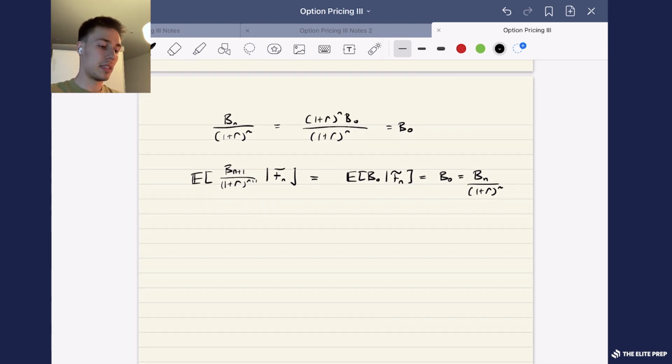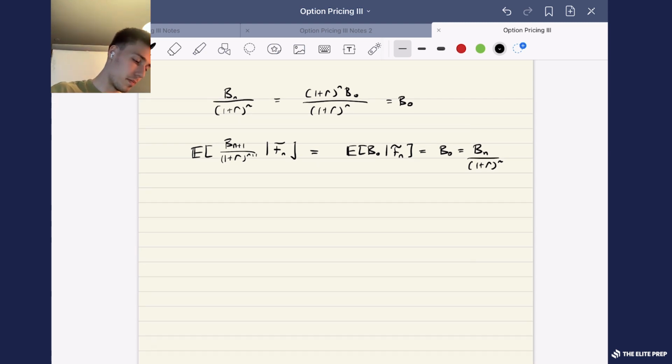So we need the probability measure. So this is true actually under any probability measure. Then for the stock, we need the following. We need S_n over (1+R)^n being equal to the expectation under the risk-neutral measure of S_{n+1} over (1+R)^{n+1} conditioned on F_n.